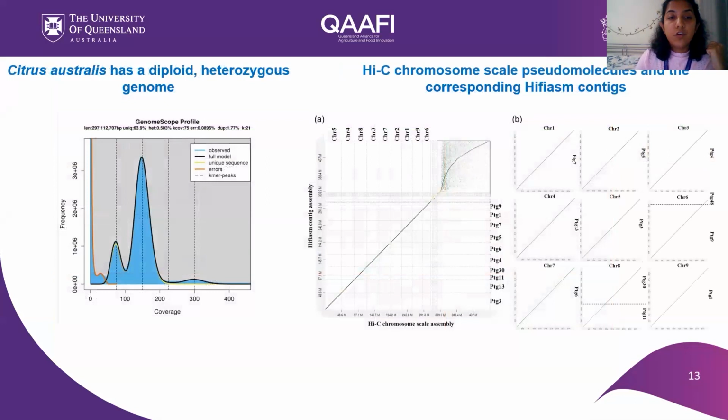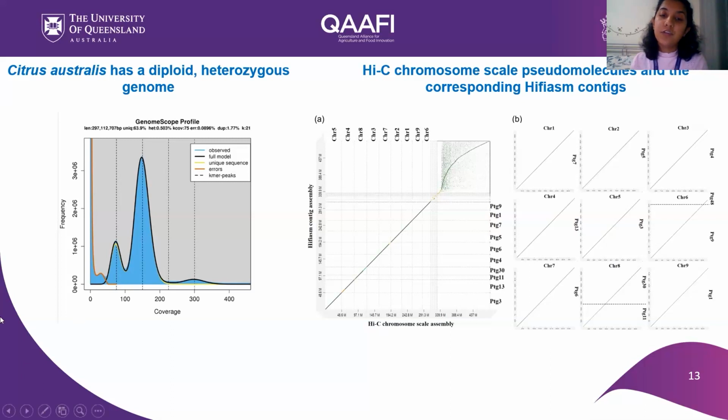Then the assembled genome was analyzed. This australis is diploid and heterozygous based on the GenomeScope analysis, as you can see in the left side image. On the right side, we have the chromosome scale assembly generated for australis. So in figure A, on the x-axis, you can see the chromosome scale assembly generated by Hi-C, and the y-axis shows the contig assembly generated by hifiasm.